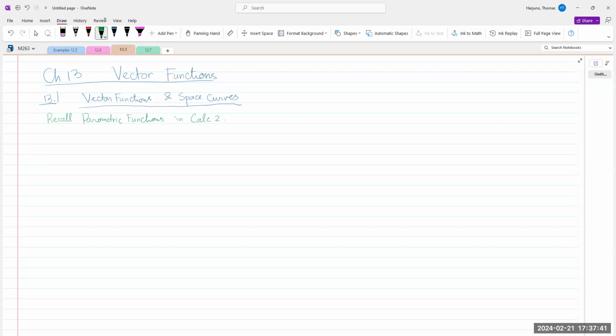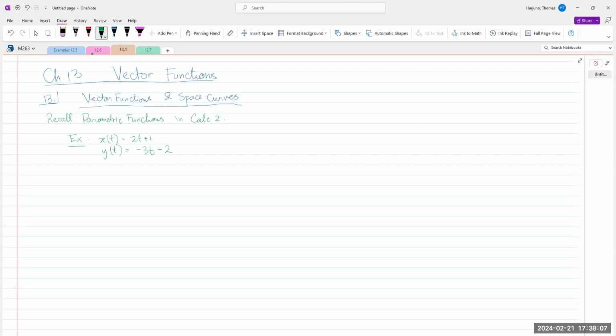Now, for example, at that time, we have x as a function of t equals 2t plus 1, and then y as a function of t equals, let's call that, negative 3t minus 2.